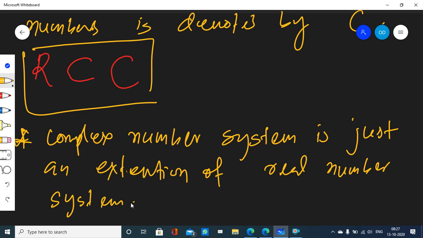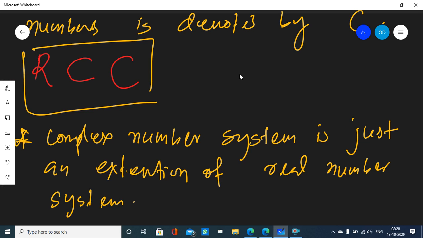Why? Because all the real numbers are complex numbers, and those numbers which are not real, they are complex numbers. So simply an extension of the real number system, right? All real numbers are also complex numbers, and those numbers which are left out, they are what? Complex numbers. So it is an extension simply, not an entirely new number system. Clear?